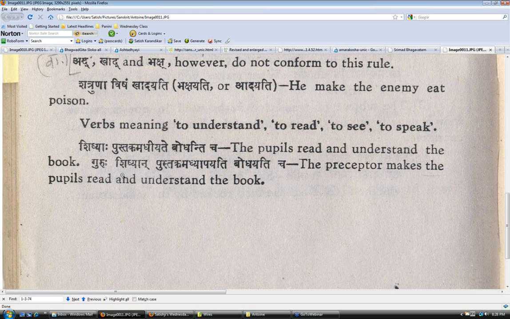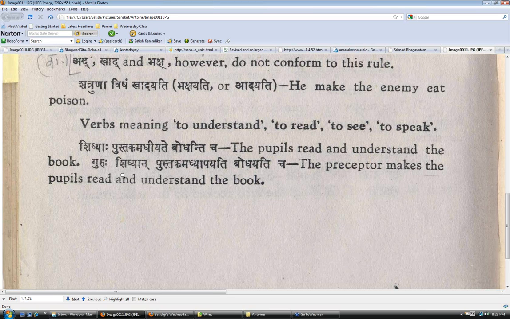Read and speak are probably taken from there. To understand and to see is the buddhi artha, so there might be some overlap here. Any kind of understanding or recognition, or the adhi dhatu. Shishyaha pustakam adhite bodhanti cha: they study the book and they understand. Pupils read the book and they understand the book.